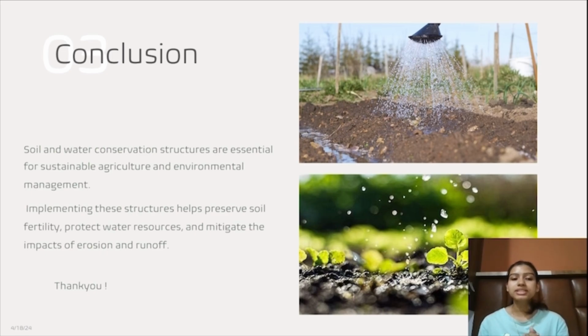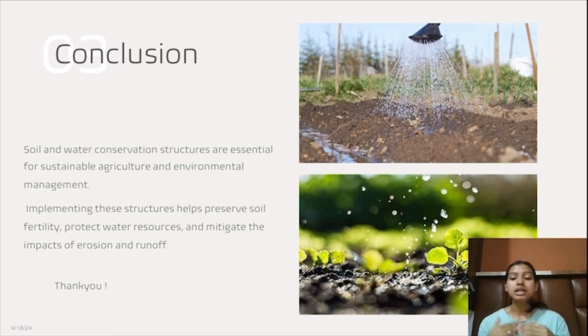We can conclude by saying that it is a very beneficial method and crucial for the agriculture field in the future. Soil and water conservation structures are essential for sustainable agriculture and environmental management. Implementing these structures helps preserve soil fertility, protect water resources, and mitigate the impacts of erosion and runoff.